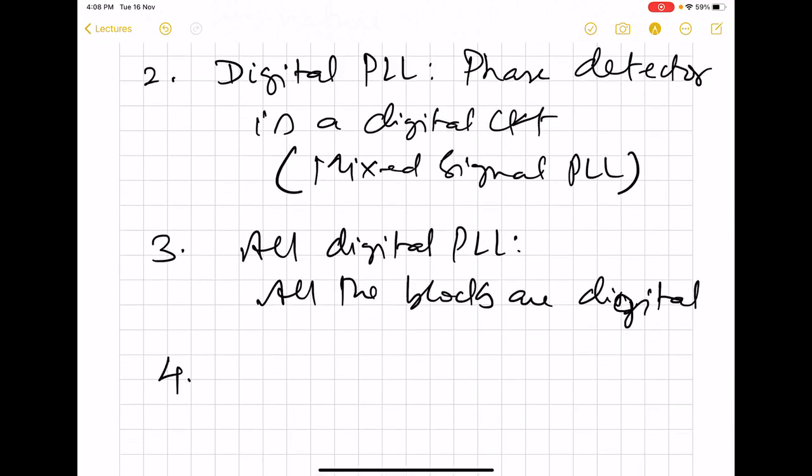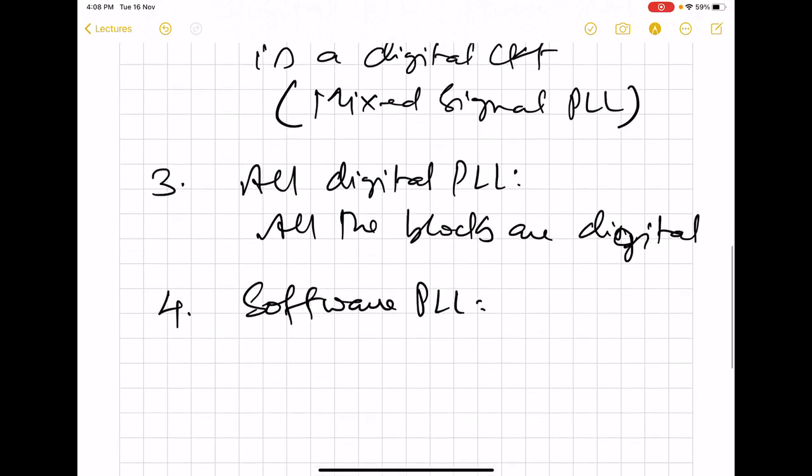And then the fourth one is software PLL. As the name suggests, here the PLL functionality is implemented using software on a microprocessor.